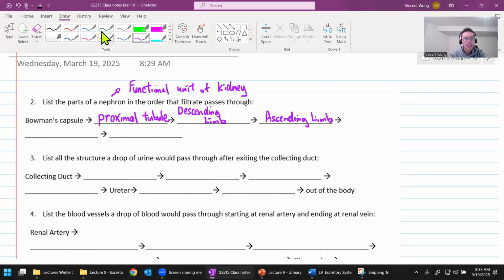Okay, so both the descending and the ascending limb make up the loop of Henle.